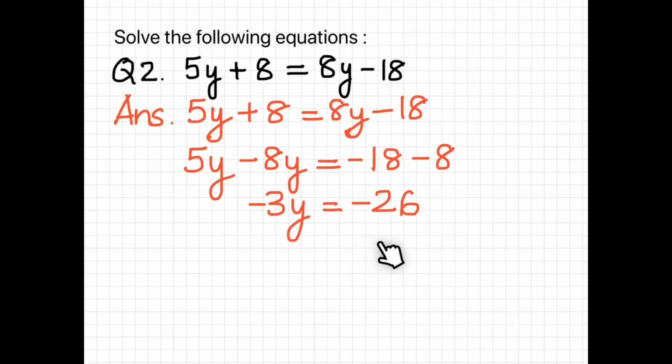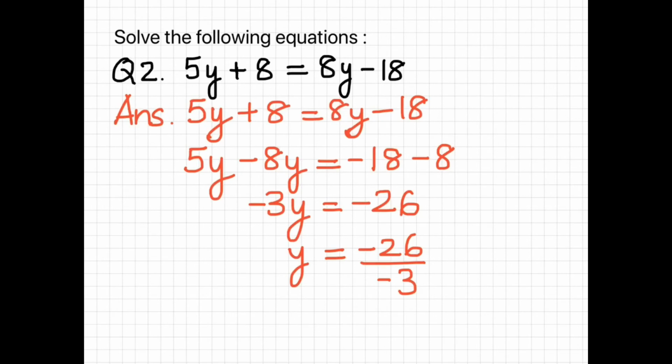We get y is equal to minus 26 divided by minus 3. You can note that minus 3 is multiplied on the left hand side. When it is transposed to the right hand side, it is divided.